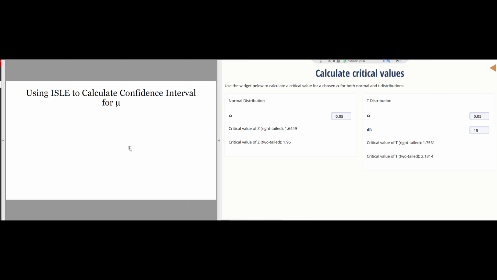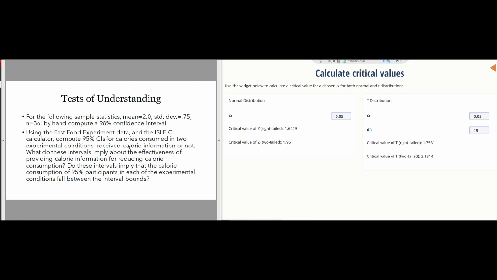Let's do an example with ISLE to see how we can compute a confidence interval now that we know about t-scores. I'm going to do the first of these two tests of understanding. For the following sample statistics, mean is 2.0, standard deviation is 0.75.